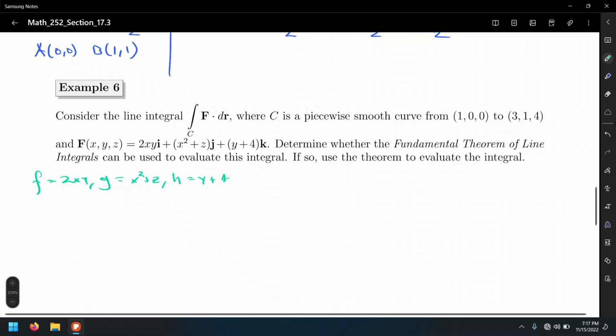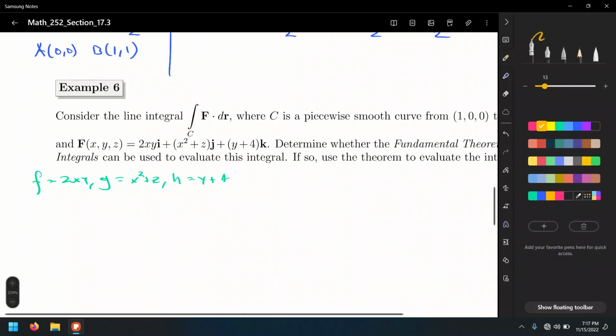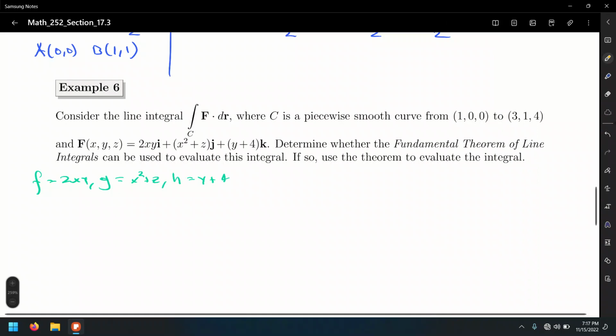We need to determine whether the partial of f with respect to y equals the partial of g with respect to x. Let's see if it is the case. The partial of f with respect to y is 2x. And the partial of g with respect to x, the derivative of x squared plus z, is 2x. So far so good. The first condition is satisfied.